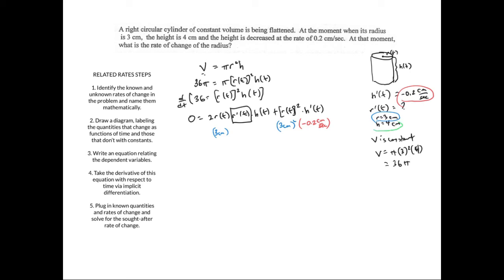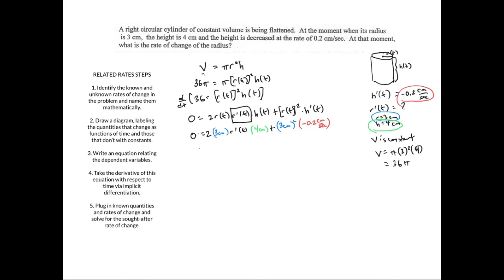I've got h at the instant I care about. And that looks like all the variables that I needed. So let's bring down everything that we had here. Yeah, looks good. So now all I have to do is solve for r prime.